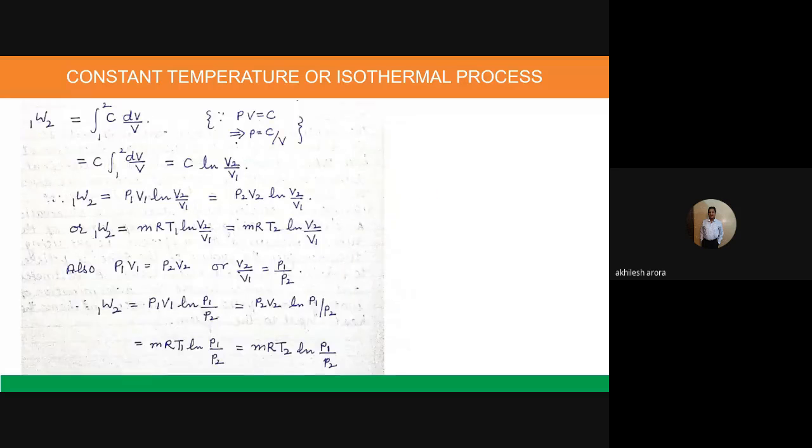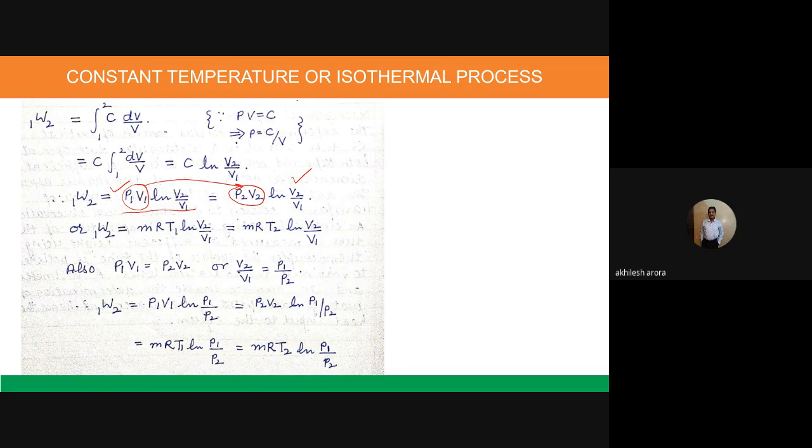And when we calculate the value of the work, I told you there are various equations which we can use here. This is the value of the work, P1 V1 log natural V2 by V1. Because now P1 V1 is equal to P2 V2, I can use P2 V2 also here, log V2 by V1, same expression.